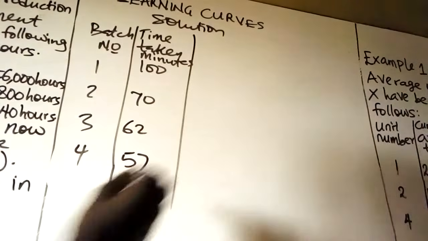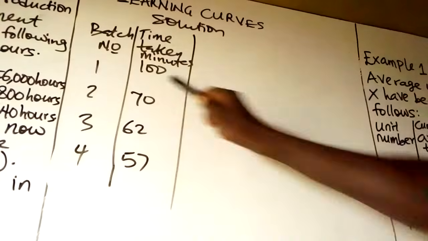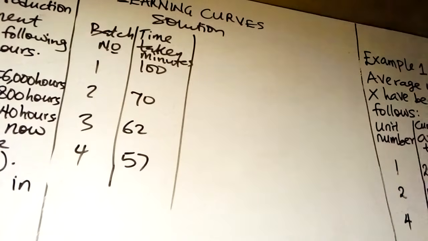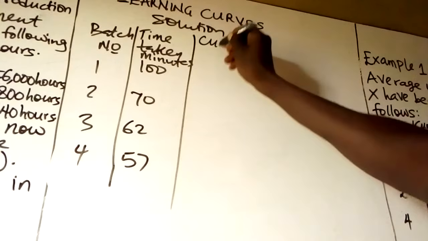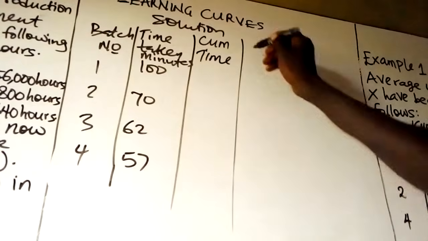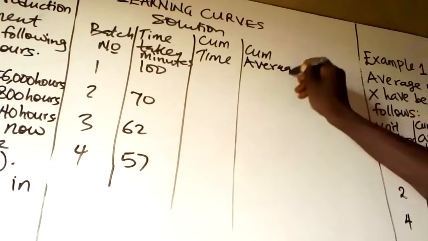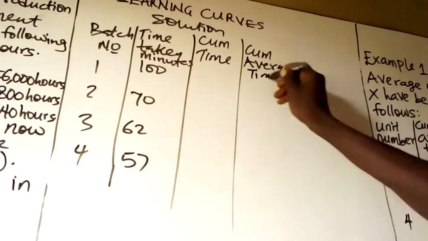If you look at the first question I solved using the tabular approach, the cumulative average time was given, but in this one you were only given the time taken, not the cumulative. Therefore, you will need to calculate the cumulative time and the cumulative average time, so that it will be in line with the first example.